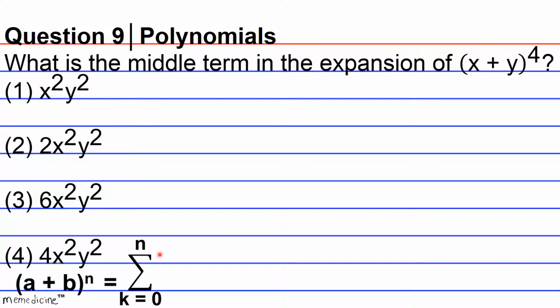It involves summation notation: the summation from k equals 0 to n of n choose k times a raised to n minus k times b raised to k.